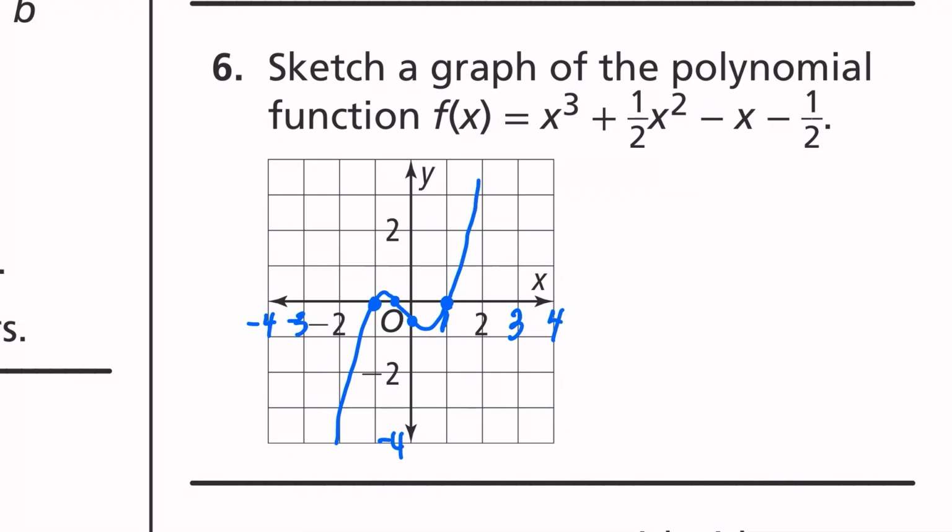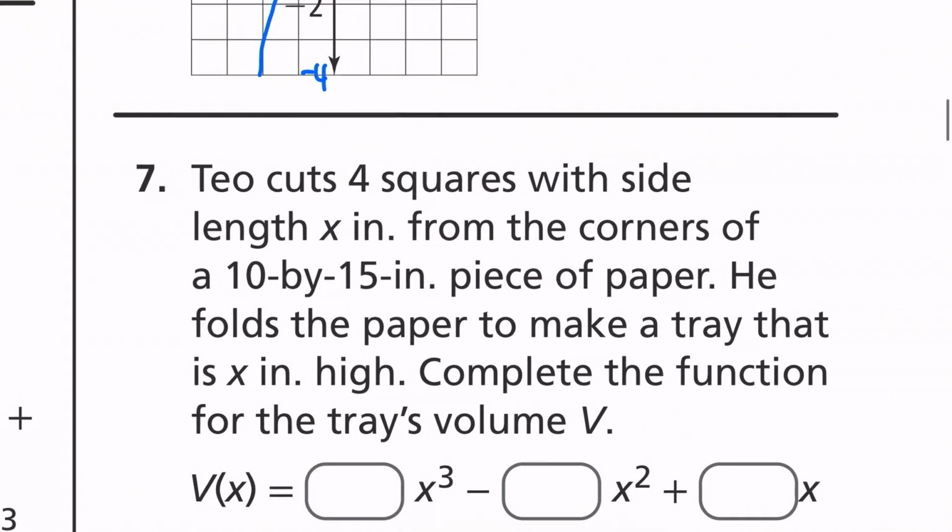This is one of those problems that if you happen to get it wrong in Savas, but you did it right on your paper, I will be able to give you full points. So hopefully that will work.